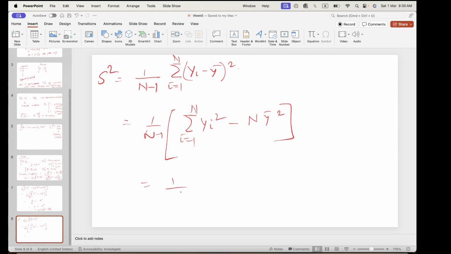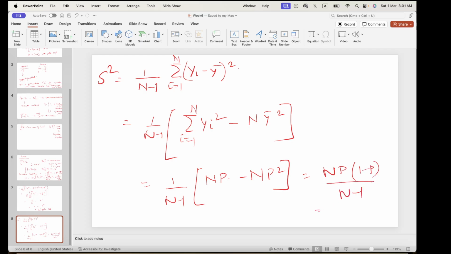So this one is 1 by N minus 1, N into P, because it gives the number of cases, minus N P square. So this would be N P into 1 minus P by N minus 1. So this is actually capital N by N minus 1 P Q.